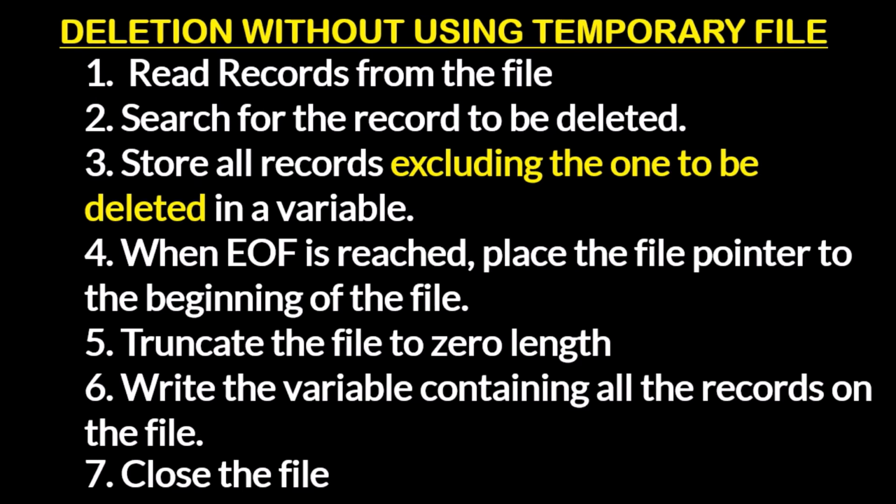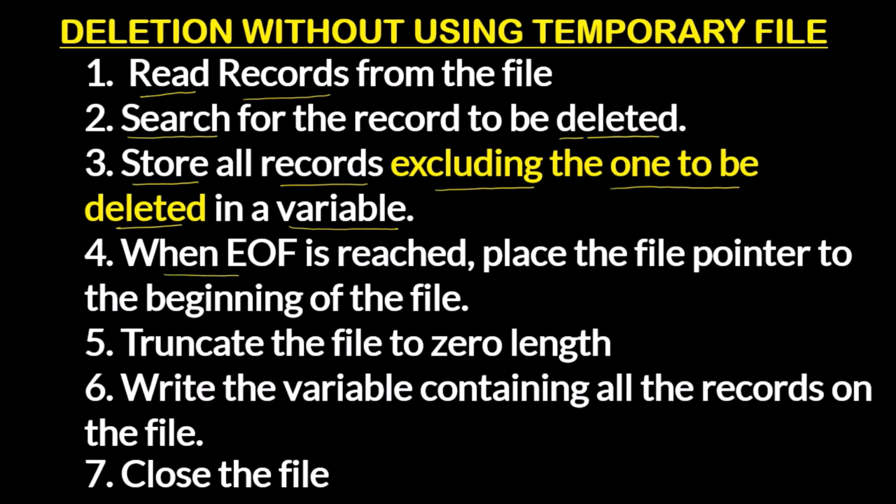Now, like modification, one of the ways for deleting records from a binary file is that you read records from the file and search for the record to be deleted. Store all records read from the file, excluding the one which has to be deleted, in any variable, say a list or a tuple.